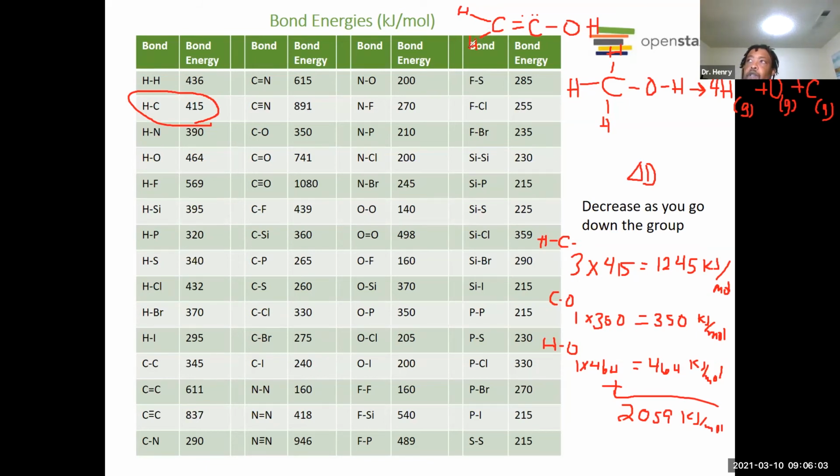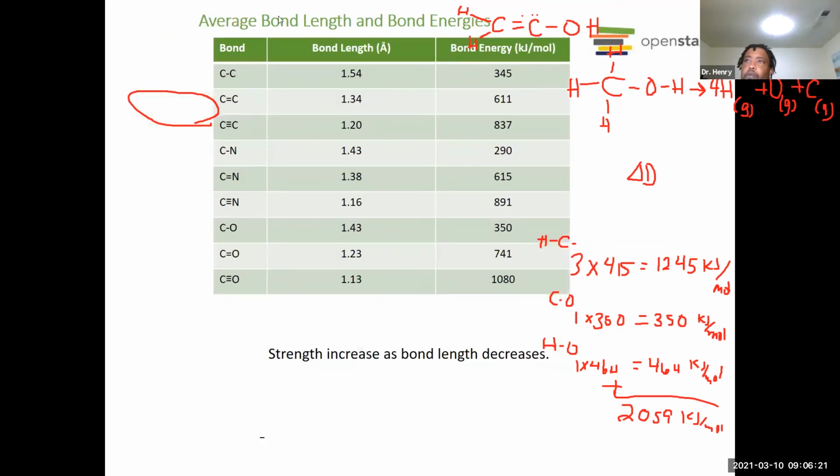Okay, so in this case, since this is hydrogen and carbon, that's going to be the same one. So we're going to use those values, right? But here the double bond has a different energy than just the single bond. So we want to take that into consideration as well. Okay, so double bond. So this is the bond energy to break up a double bond.